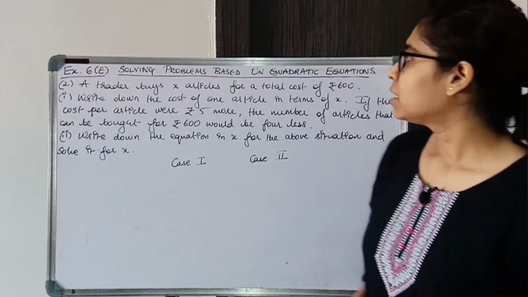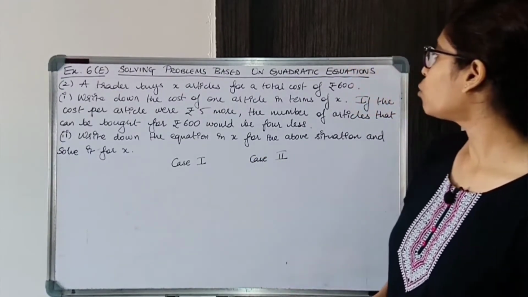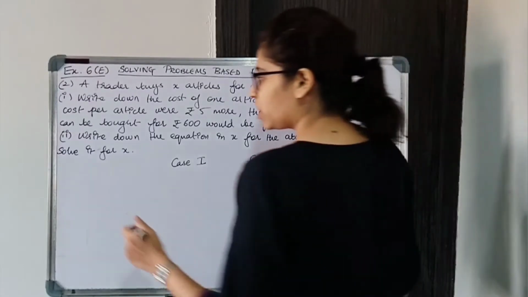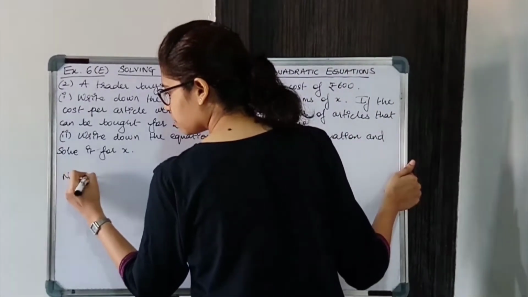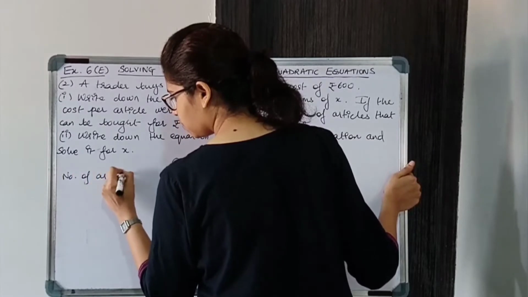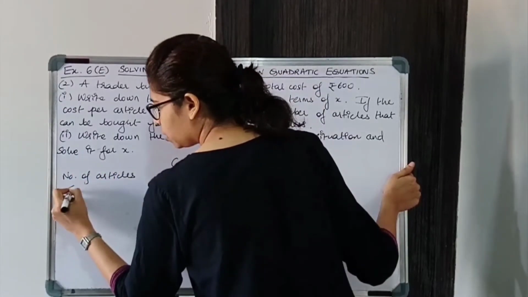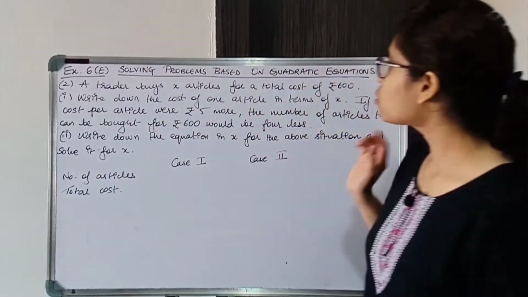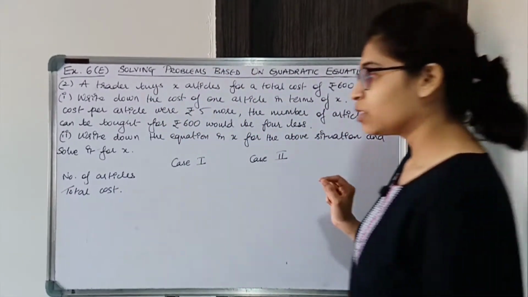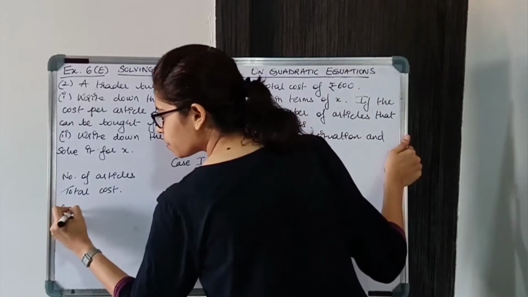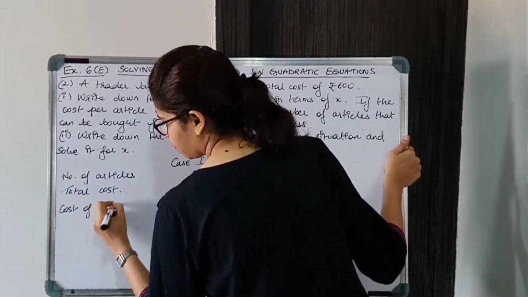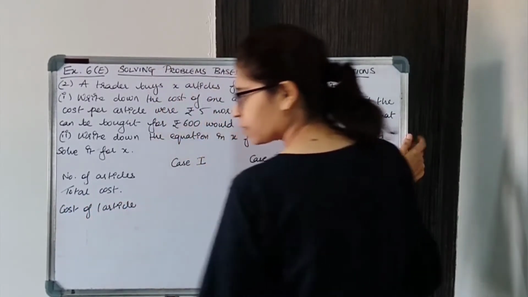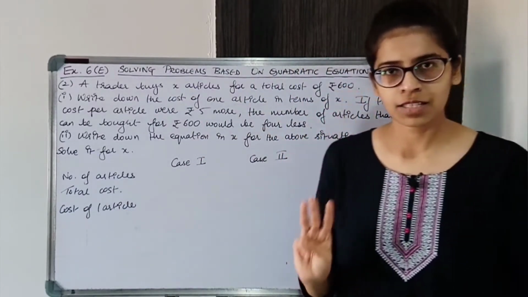Now over here the trader is buying X article for total cost of rupees 600. So number of articles is given to us, then total cost. Write down the cost of one article in terms of X. Normally there are three things, right?